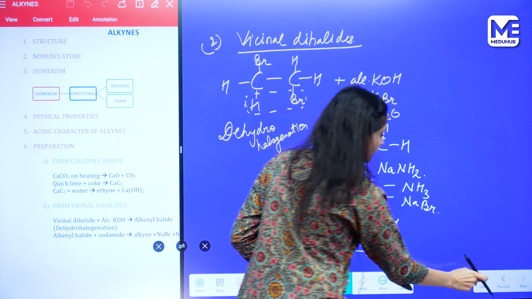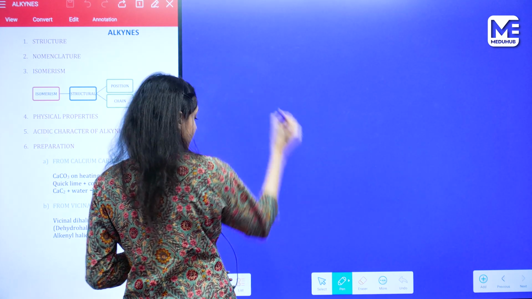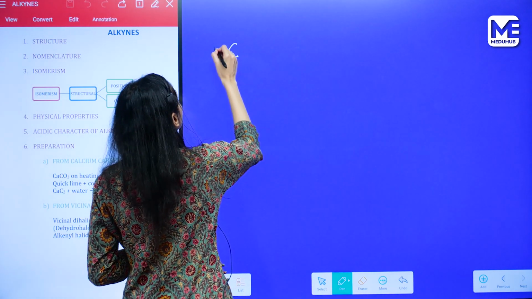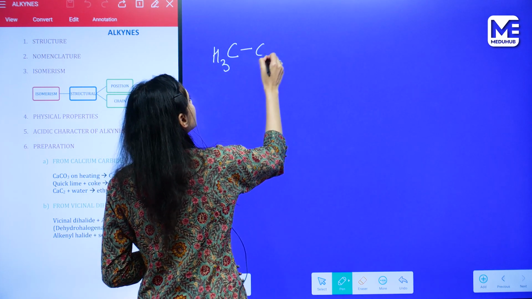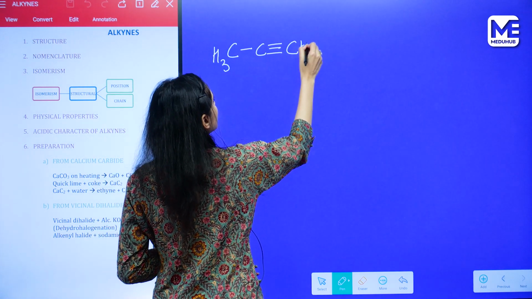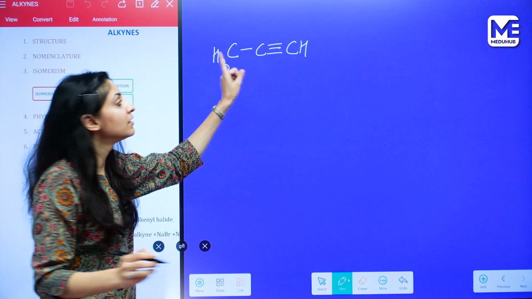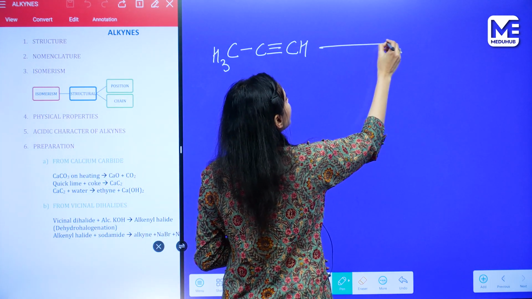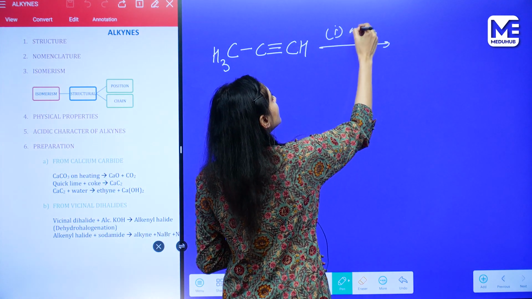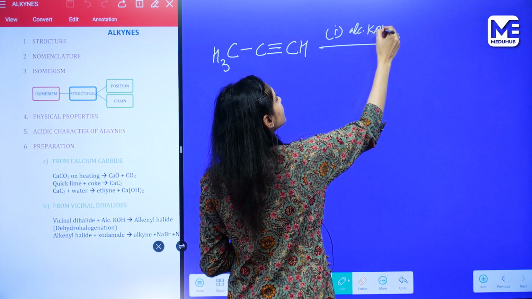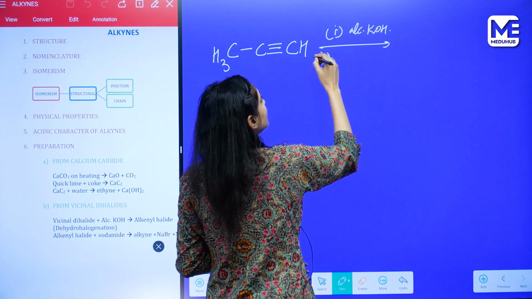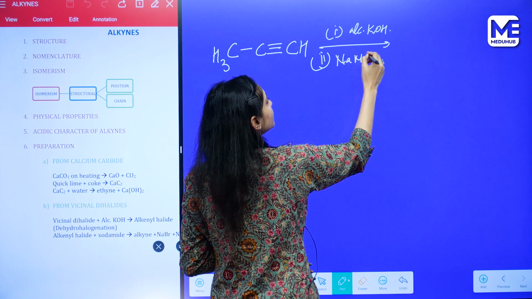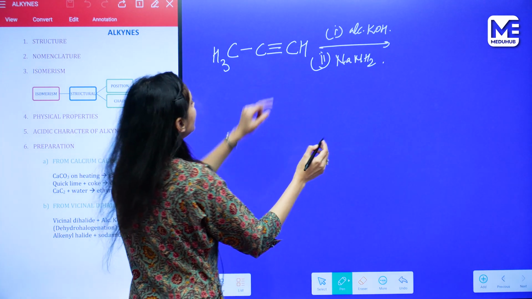Let us take one more example. We have CH3 C triple bond CH. This is propyne. If we treat it first with alcoholic KOH, second with soda amide, what will we get?